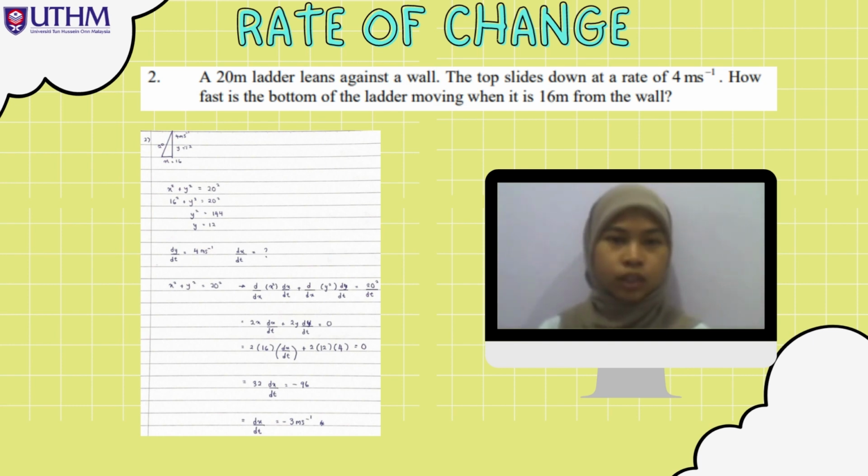Here we get x squared plus y squared equals 20 squared. And then we substitute x equals 16, we get y equals 12. From the question, we also get dy over dt is equal to 4. Then we need to find dx over dt.